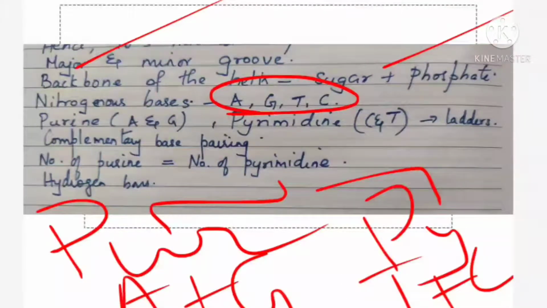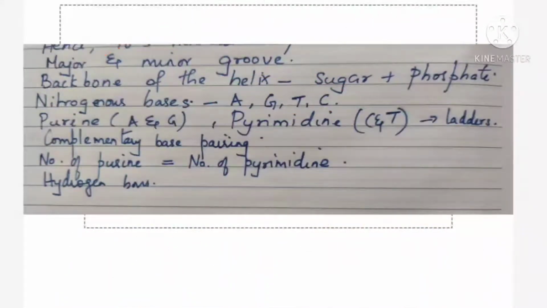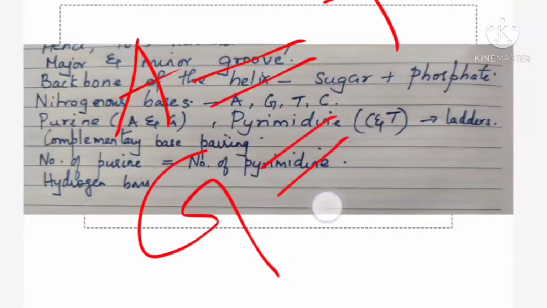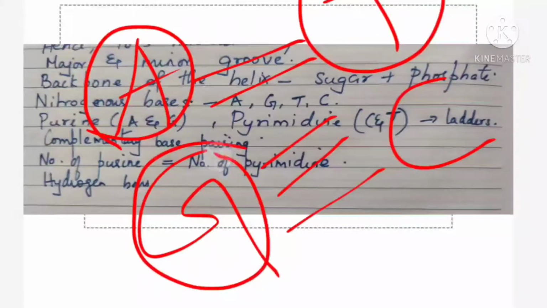Listen very carefully: adenine will always pair with thymine, and guanine will always pair with cytosine.